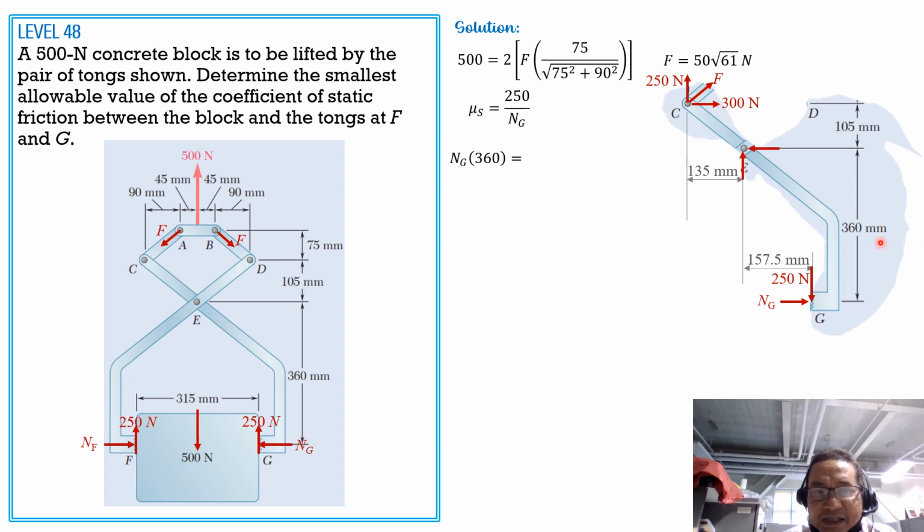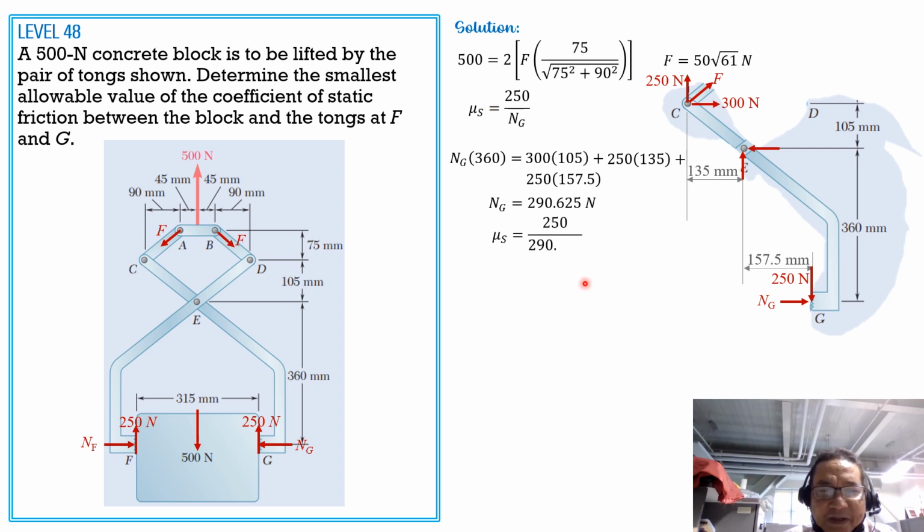So N_G times 360 equals, these are all clockwise, 300 times 105 mm plus 250 times 135, then plus 250 times 157.5. So from there, we can now solve N_G, and N_G is equal to 290.625 Newton. Substitute here. So mu sub S is 250 over 290.625.